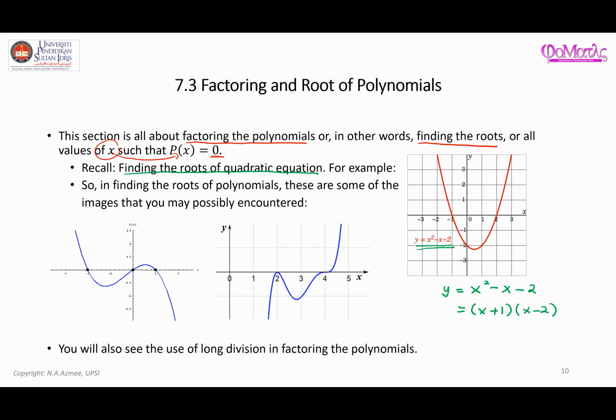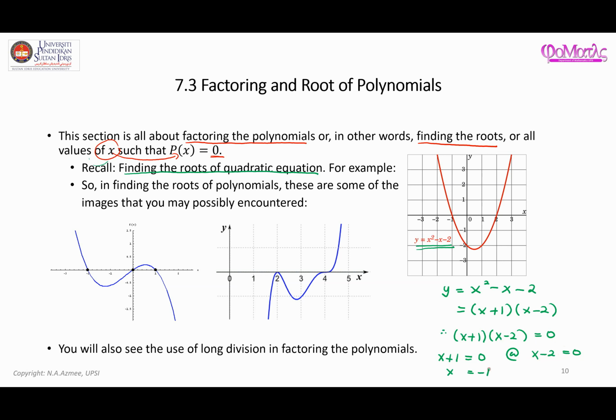So if you want to find what values of x such that y becomes 0, therefore what you need to do is you set y equals to 0. So therefore x plus 1 x minus 2 is equal to 0, and this gives us two options: either x plus 1 is equal to 0 or x minus 2 is equal to 0.